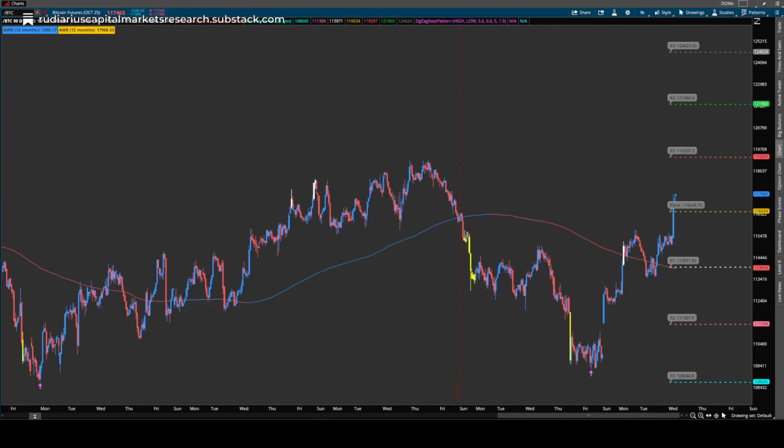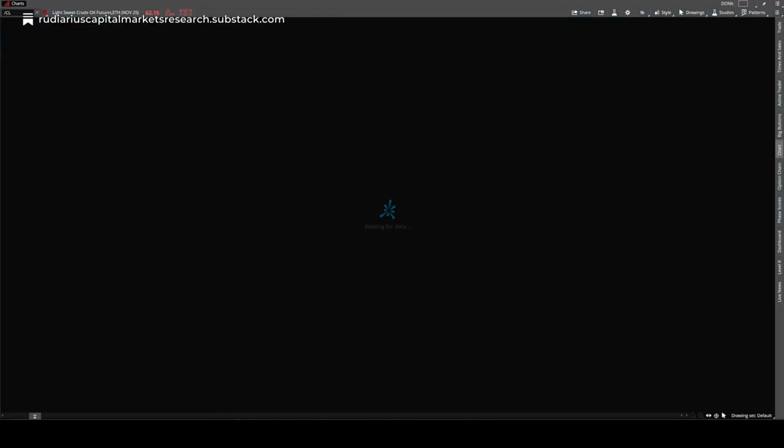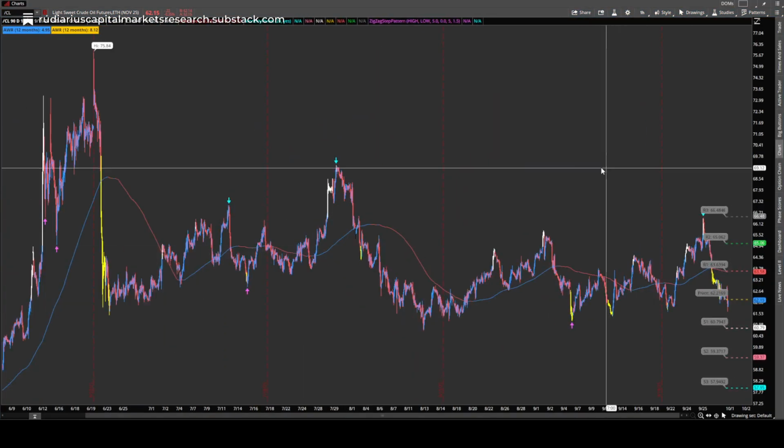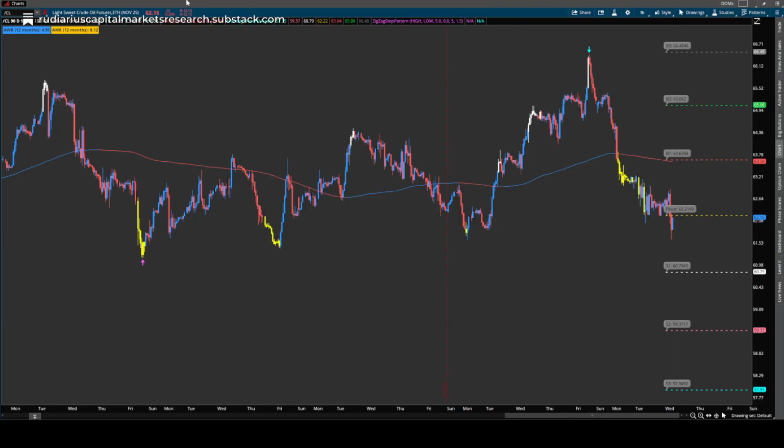All right, now let's switch it up. What do we want to look at next? CL. So CL crude is going to play from 62.21 as a monthly pivot. Third resistance is going to be 66.48, which is a recent high here.